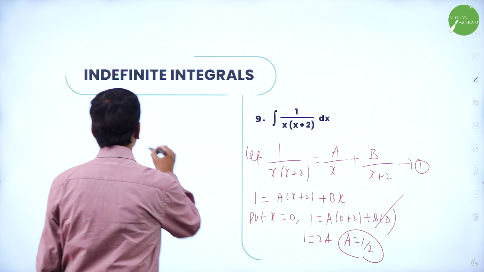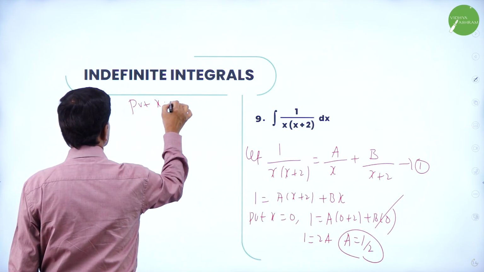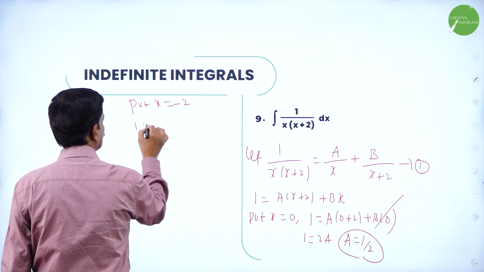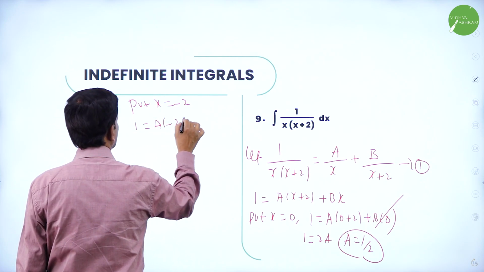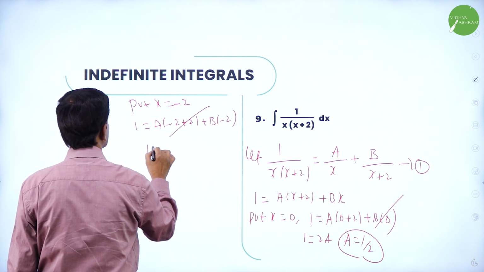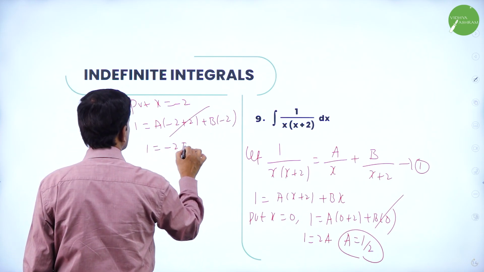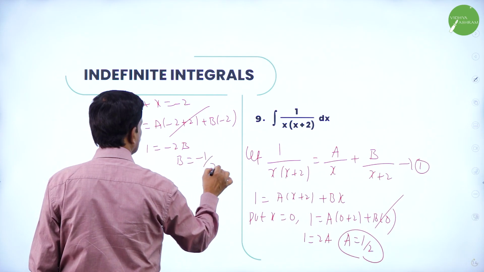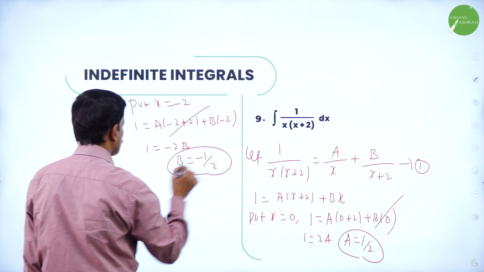Now put x is equal to minus 2. If you put x is equal to minus 2, then 1 is equal to a into minus 2 plus 2 plus b into minus 2. This a gets cancelled. 1 is equal to minus 2b. Therefore, b is equal to minus 1 by 2. Substitute here.